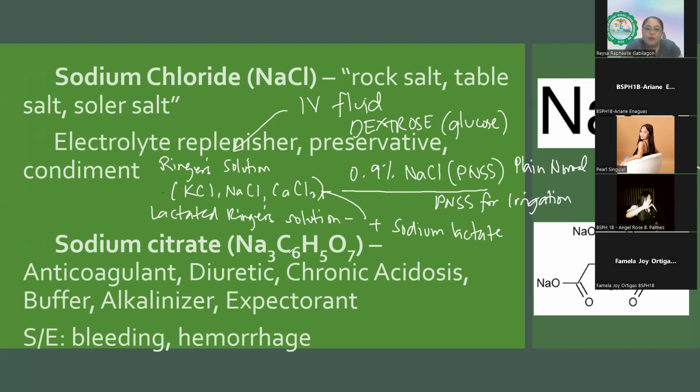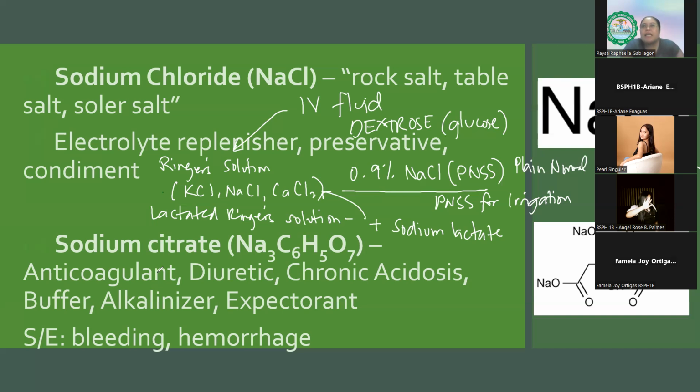Sige. Now, sodium citrate. Citrate naman ito ha. C6H5O7. Ito yung citrate class. Ano naman ang gamit nito? So, number one, this one is an anticoagulant. Pag sinabing anticoagulant, it will inhibit blood clotting para hindi mag-clot, hindi magkumpul-kumpul yung dugo natin.